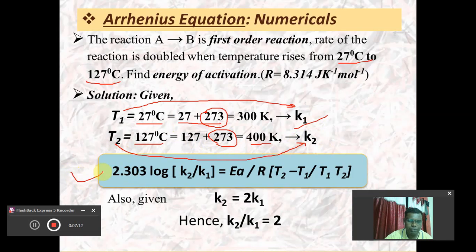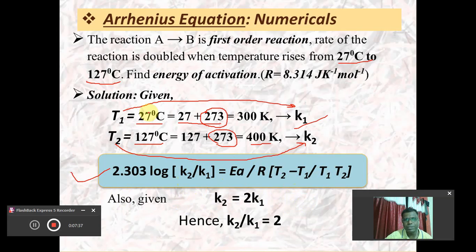Definitely we will use the simple equation given by Arrhenius for two different temperatures T1 and T2 having rate constants K1 and K2: 2.303 log to the base 10 of K2 upon K1 is equal to energy of activation divided by R, the gas constant, into T2 minus T1 divided by T1 into T2.